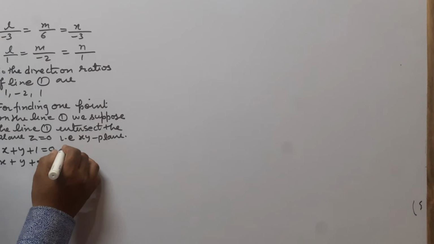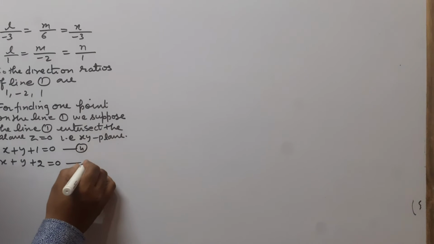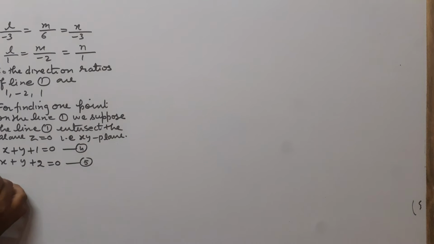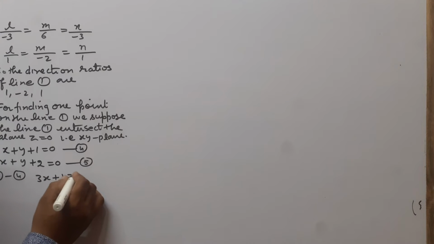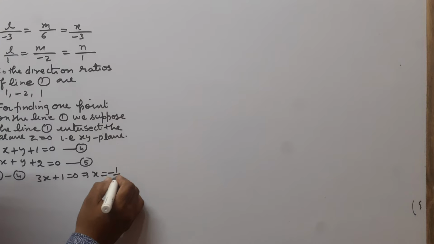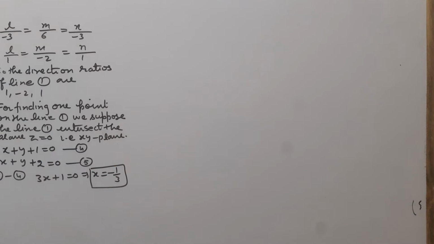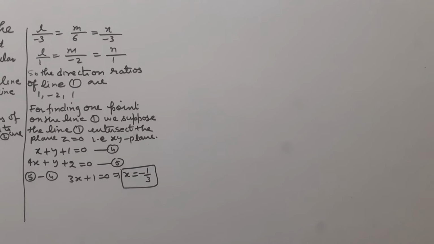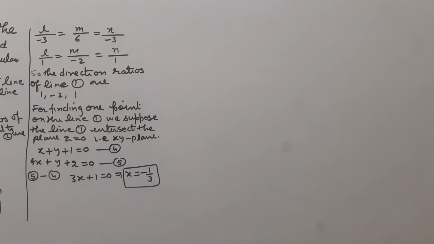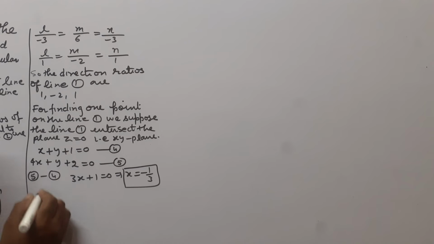So suppose that this is equation 4 and this is equation 5. Here we subtract 4 from 5, we get 3x plus 1 equal to 0. So we get x equal to minus 1 upon 3. Now we put the value of x in the fourth equation, we get the value of y.